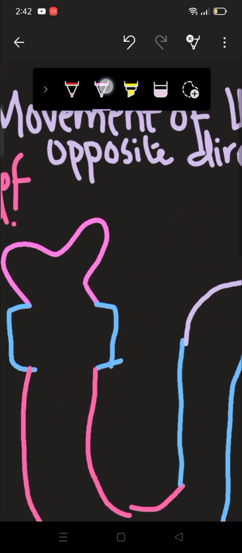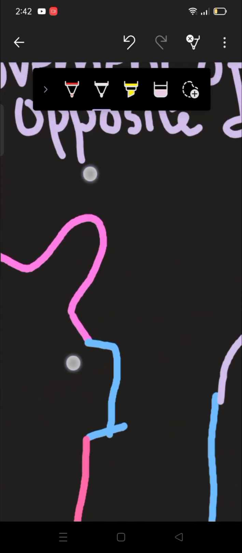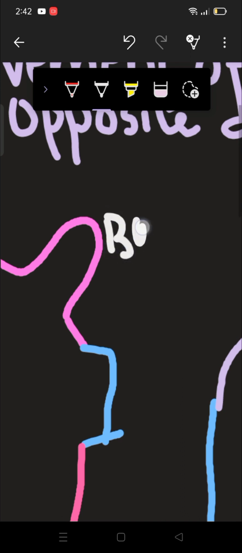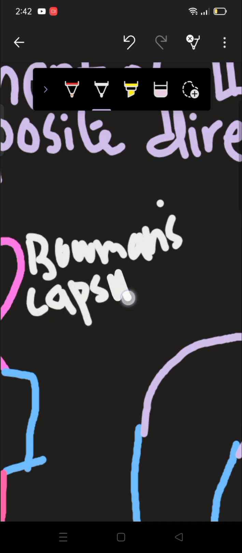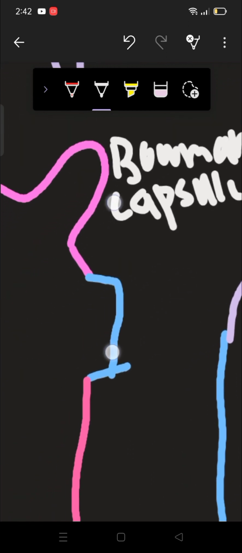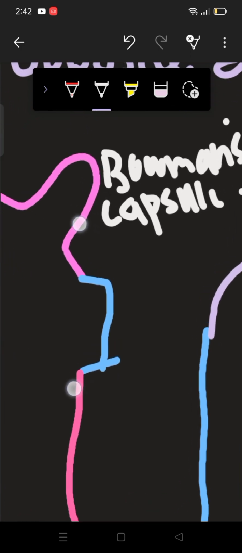Now I have made the diagram, so let me label it first. This is Bowman's capsule. This is PCT.